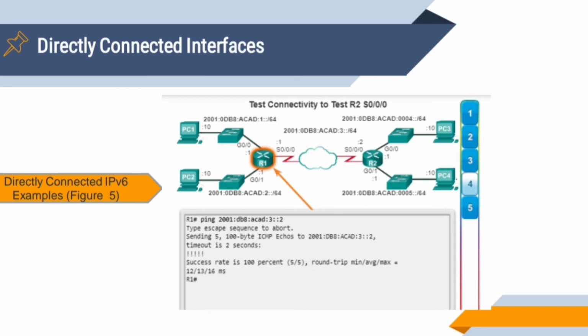This is because R1 does not have an entry in the routing table to reach the 2001:DB8:ACAD:4::/64 network. R1 requires additional information to reach a remote network. Remote network route entries can be added to the routing table using either static routing or dynamic routing protocols, both of which will be discussed on the following slides.